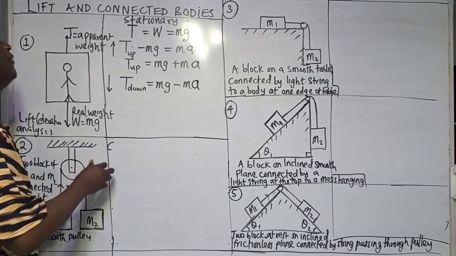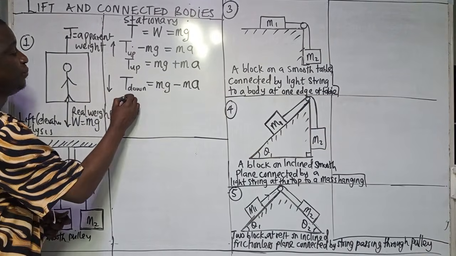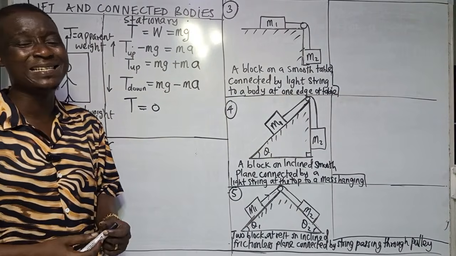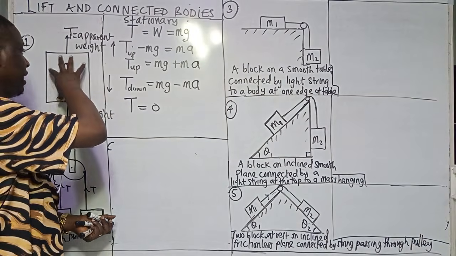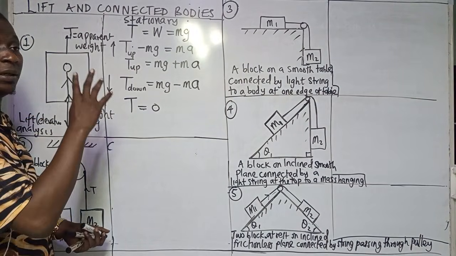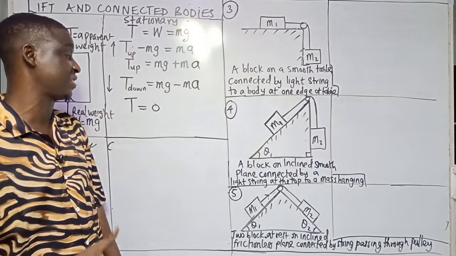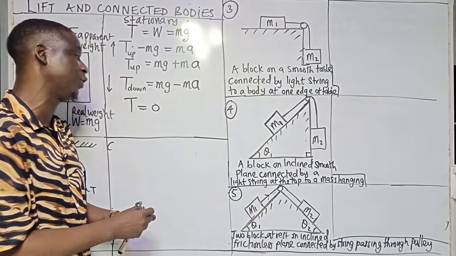What about if the lift falls freely? Falling freely means the lift has an apparent weight of 0. That means there is no object inside the lift, and the mass of the scale pan of the spring balance must be negligible. So the spring balance will measure a tension or apparent weight of 0.